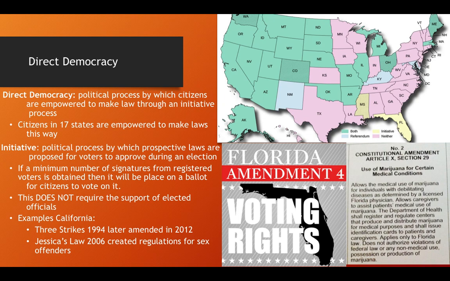So for example, Florida Amendment 4, which was in the last midterm election, 2018, the citizens of Florida themselves voted for ex-convicts to be able to have their voting rights restored, with the exception of individuals that were convicted of a homicide or of a sexual crime.